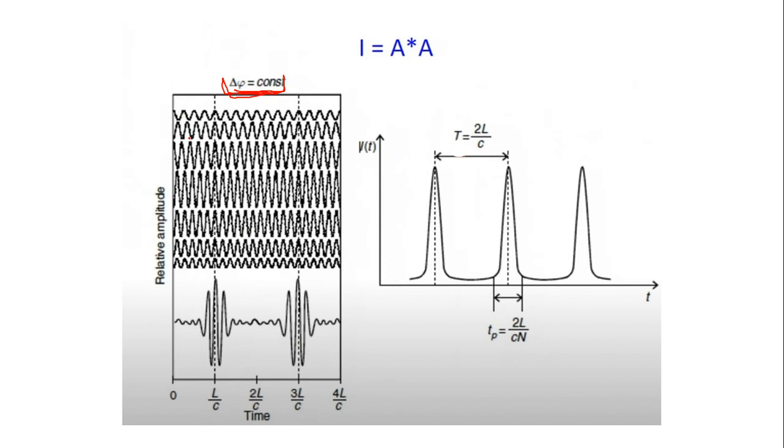Suppose these are the different longitudinal modes which have different values of wavelength. If you see the picture, you will get to know which has a greater wavelength and which has a shorter wavelength, right?